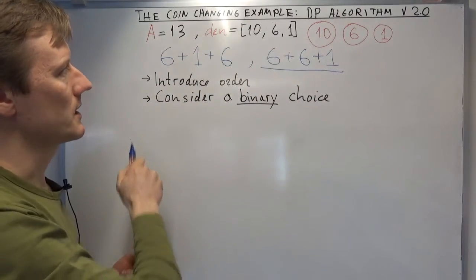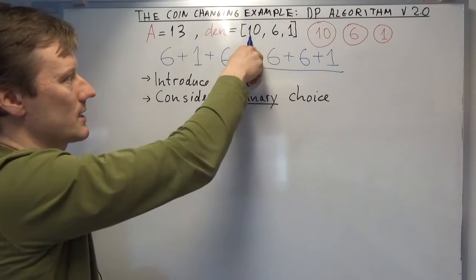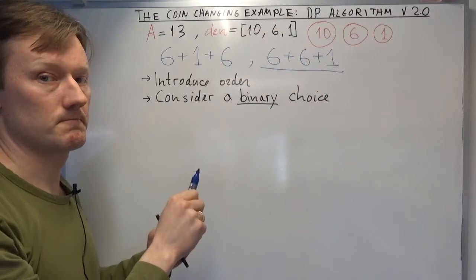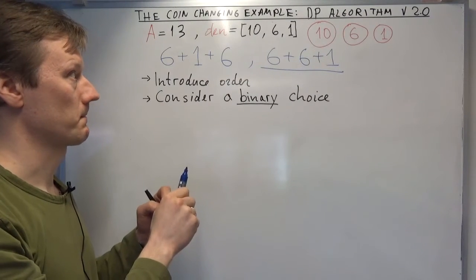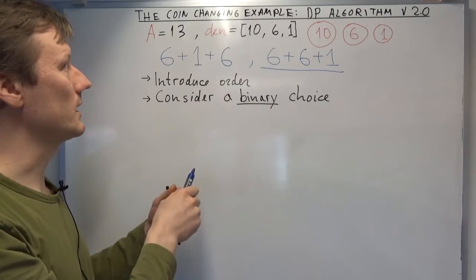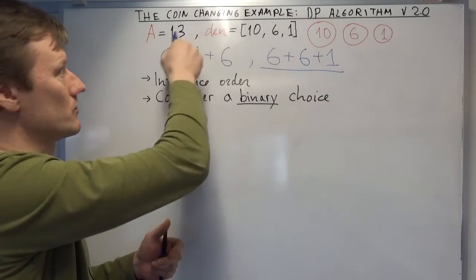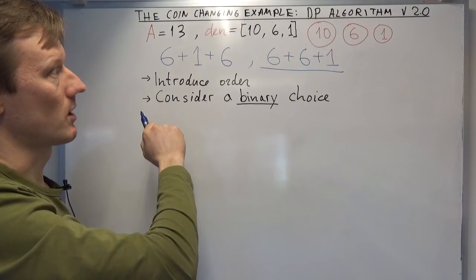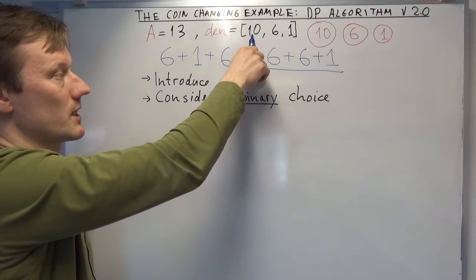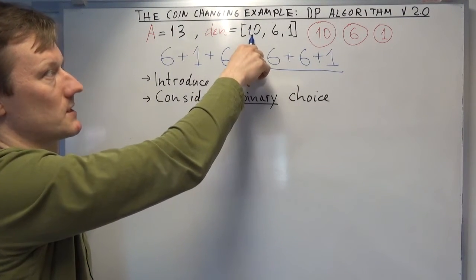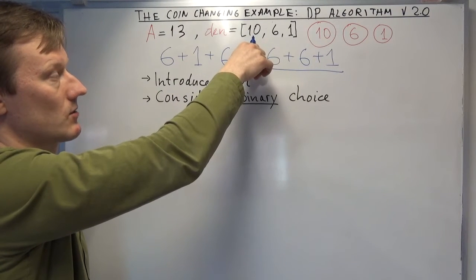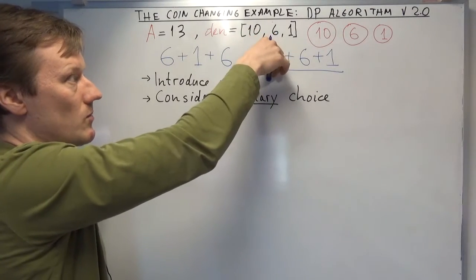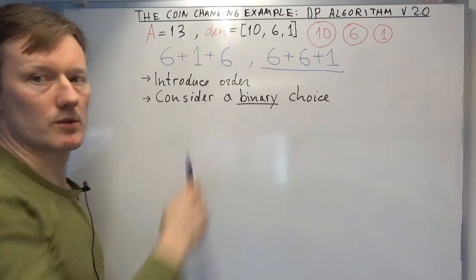Now, if we start from the largest coin, the choice is binary: do we take it or not for this given amount? And then again, if we take it, then obviously we use it to decrease the amount, and we end up with a smaller subproblem, and then we again consider if we can take that coin or not. In some cases we will not be able to take that coin. This means that we have to go to the smaller coins in the array, and we will continue the process.